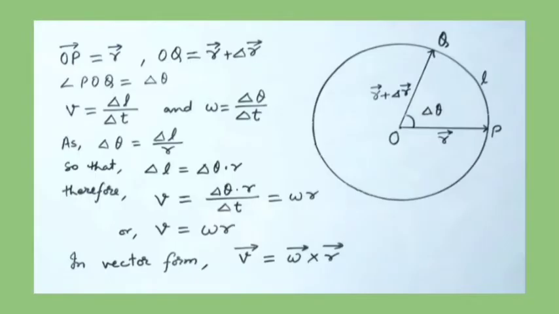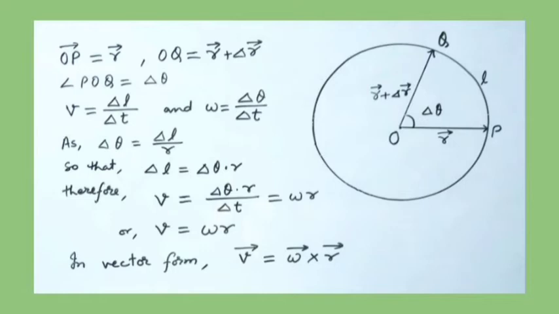Let us now establish the relation between linear velocity and angular velocity. Let a point object move with uniform angular velocity omega and linear speed v on a circular path of radius r with center O as seen in the diagram.